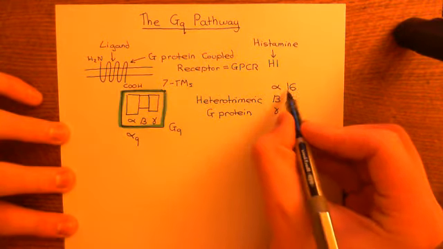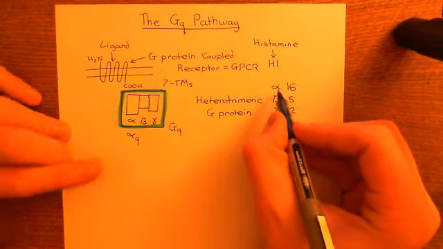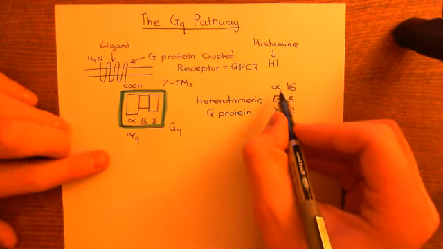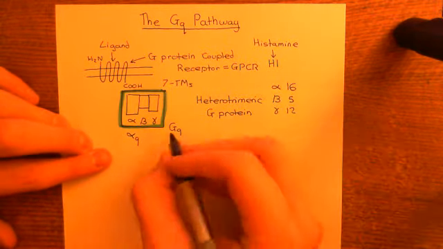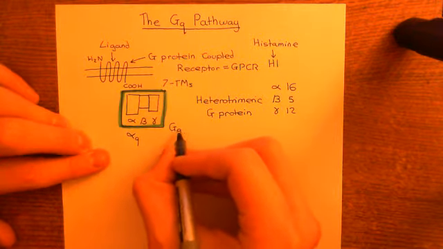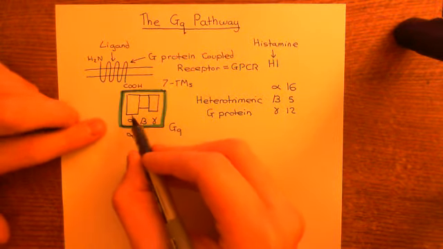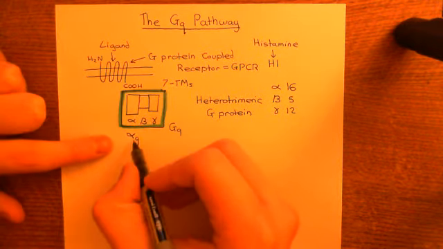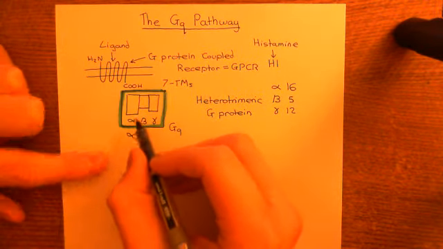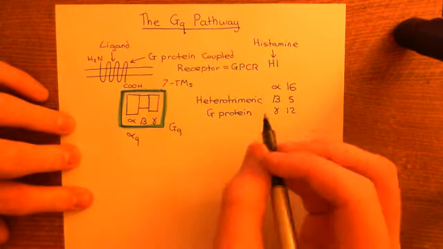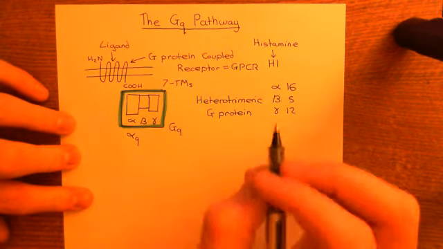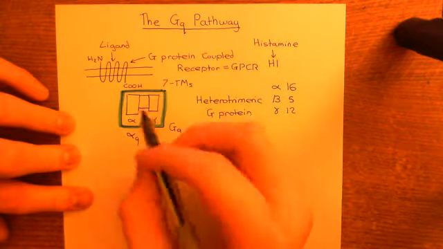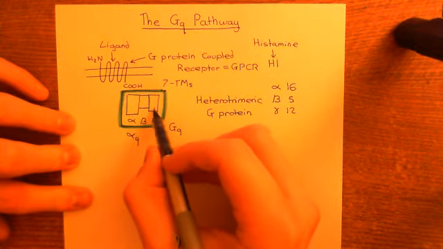Remember, there are 16 different alpha subunits, and one of these 16 is an alpha Q subunit. So if your heterotrimeric G protein is GQ, your alpha subunit will be an alpha Q subunit rather than any of the other 15. But to repeat, it does not tell you what the beta and the gamma subunits are.